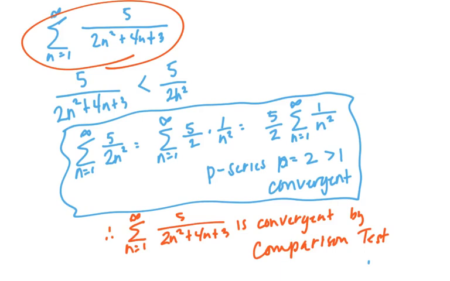So we have a convergent series here in blue. We have a series smaller than our convergent series. Therefore, our given series is convergent.